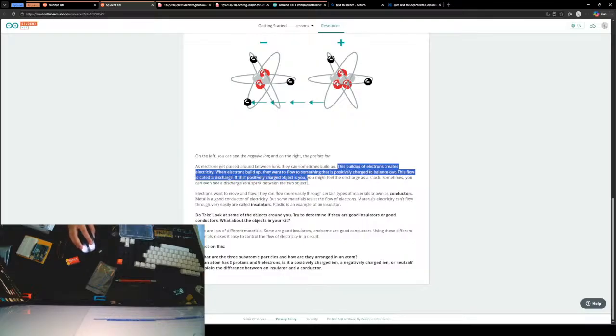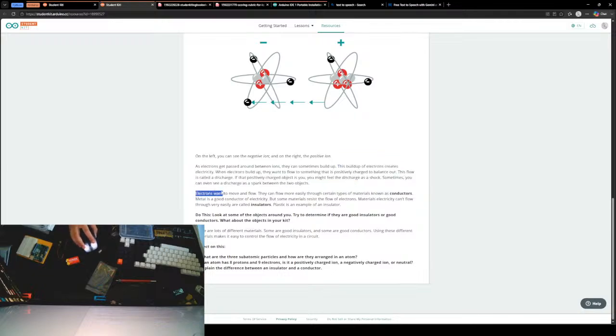If that positively charged object is you, you might feel discharged. You might feel the discharge as a shock. Sometimes you can see a discharge as a spark between two objects. I've seen that before.